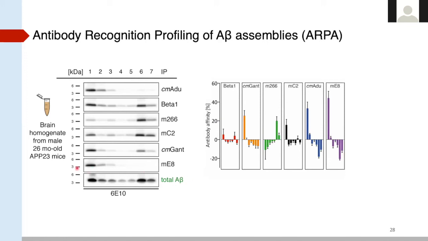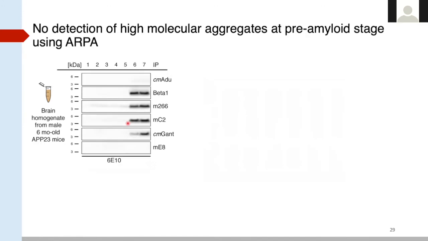So I told you that these are 26 months old APP23 mice, so they're way above plaque onset. But we were interested in what aducanumab recognizes before plaque onset. And for this, we used 6 months old APP23 mice homogenate. So this is homogenate which was not treated with any antibody. We also size separated the A beta assemblies and used these antibodies to pull down A beta from the fractions.